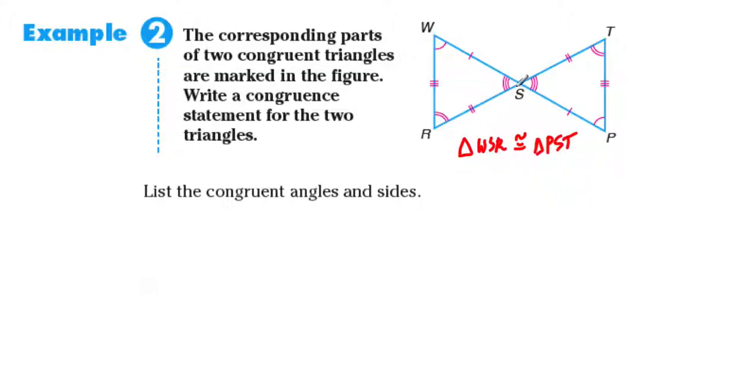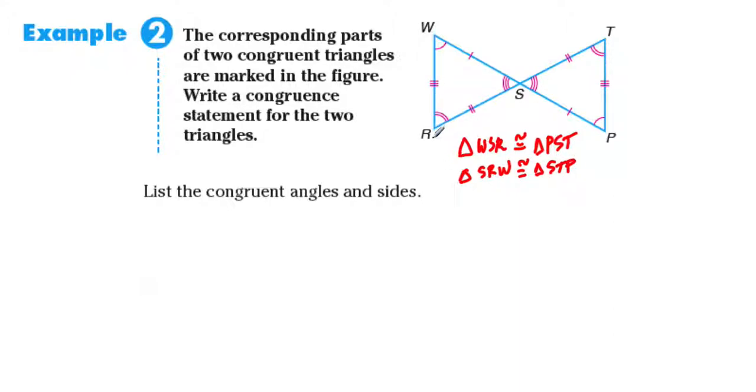If I start with S, if I say triangle SRW, so if you notice, I went S, R, W. That means in this case, I can do triangle SRW is congruent to triangle STP.